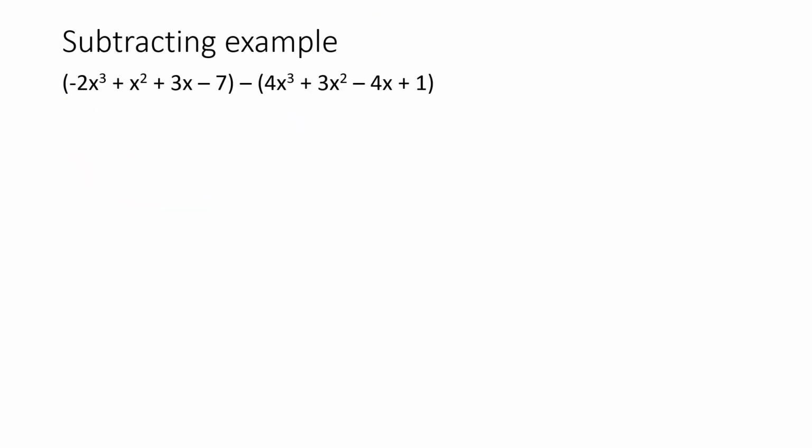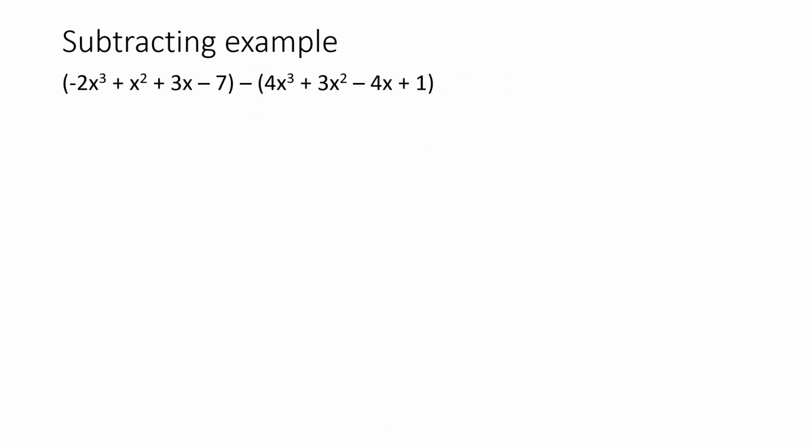Now, subtracting can be a little bit trickier because in this case, the parentheses are not cosmetic because of the minus sign. The minus sign is an operator, and the operation is happening to the group. So it's not just the 4x to the third that's being subtracted, it's everything in those parentheses.